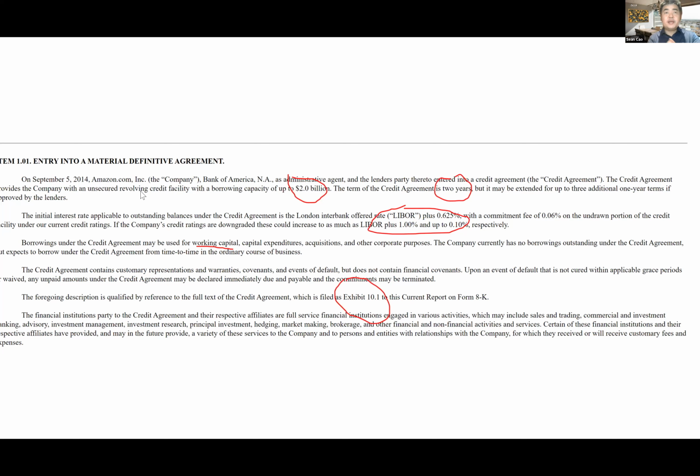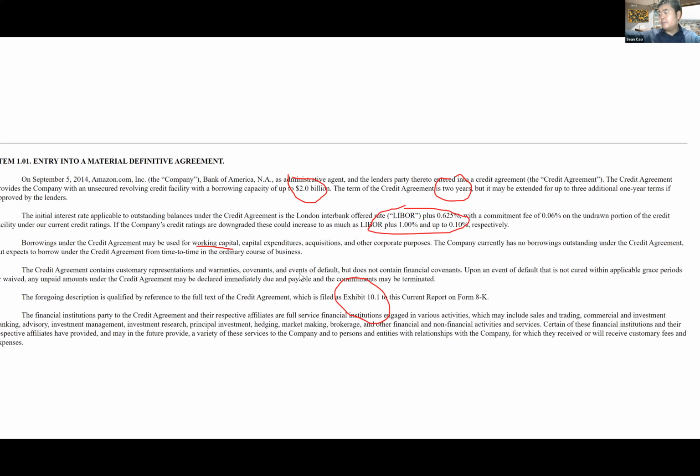So they also explain what the loan for working capital is. Okay, another beautiful thing is you can get the whole loan contract in the exhibit. This is like a brief summary of the loan contract.